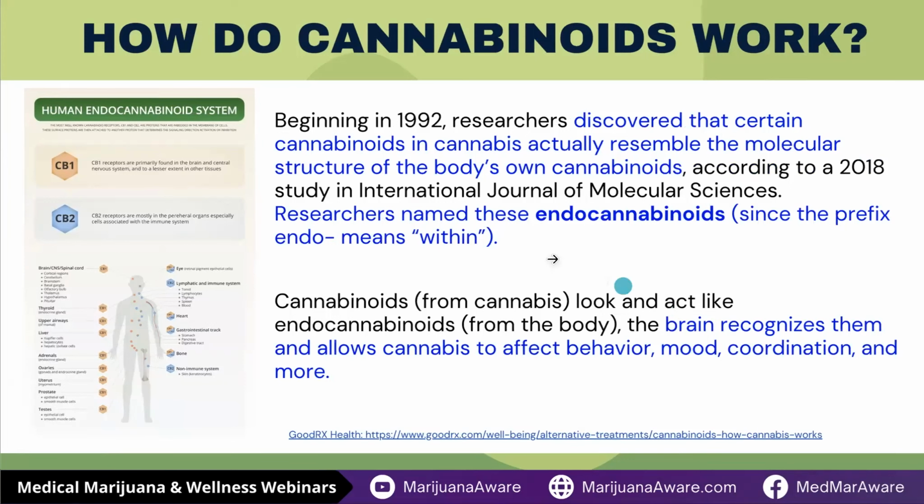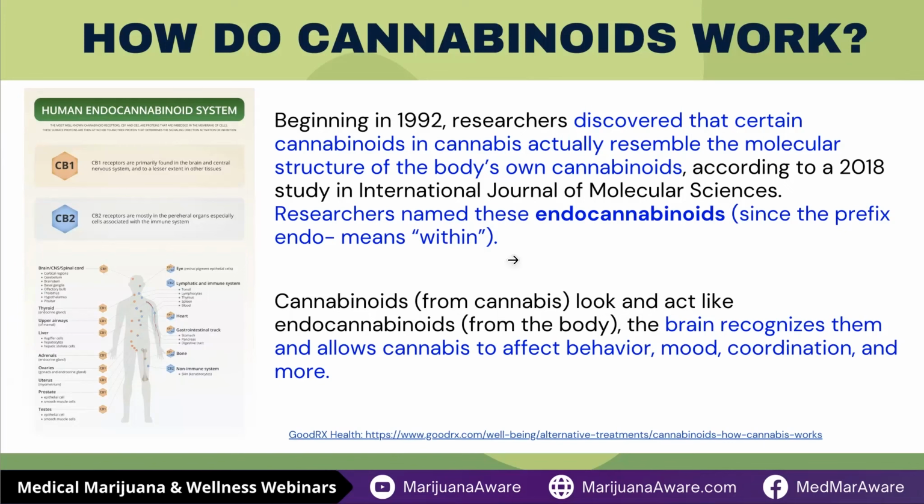Now, it wasn't until 1992 that the molecular structure of cannabinoids was really made popular. In fact, it really came from an article that was published in 2018 in the Journal of Molecular Science, where researchers brought out and really named endocannabinoids. Yeah. And the interesting thing about this is obviously endo means within.